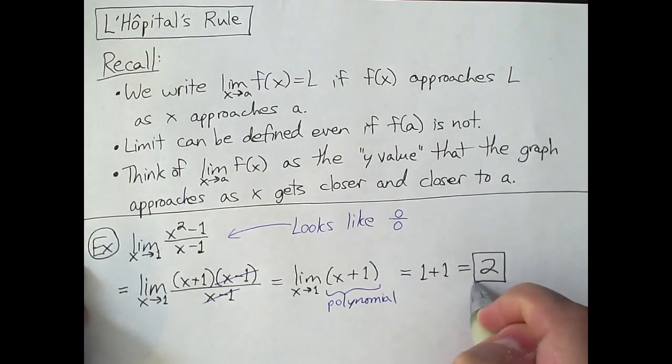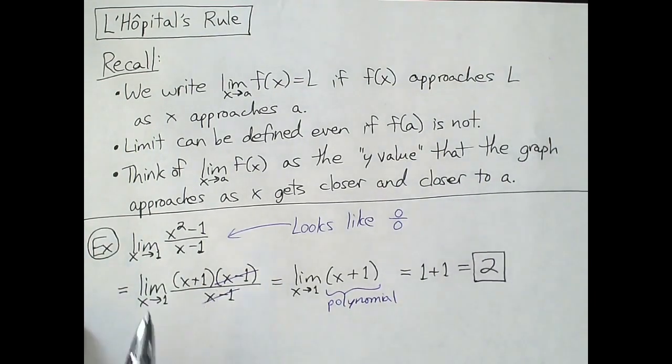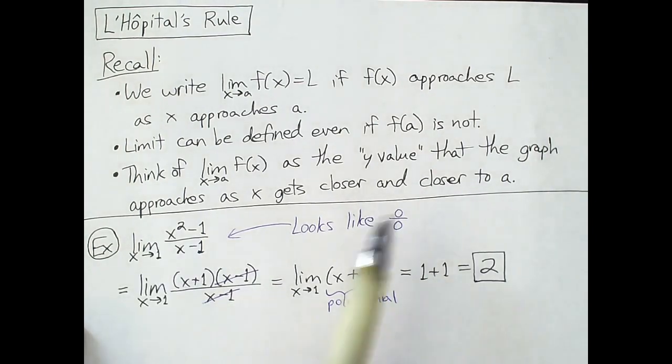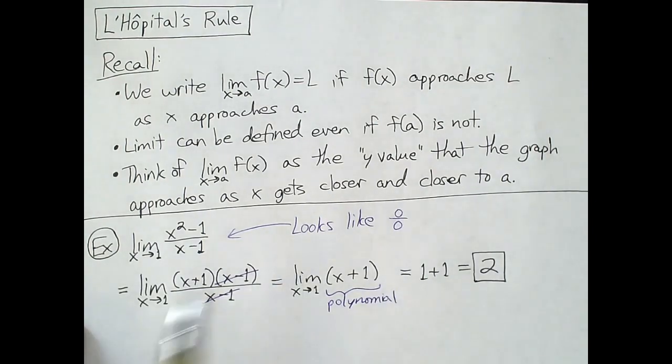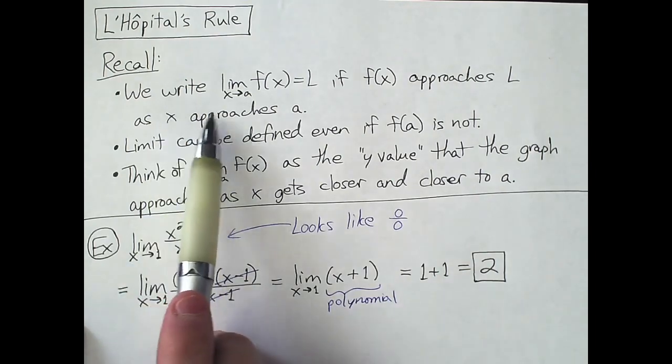The thing I wanted to draw to your attention is that at first glance, this problem looked like 0 over 0. And it's tempting to just say, oh, well, that's undefined. You can't divide by 0. Look at the denominator, it looks like 0. However, remember, limits say that x approaches a.